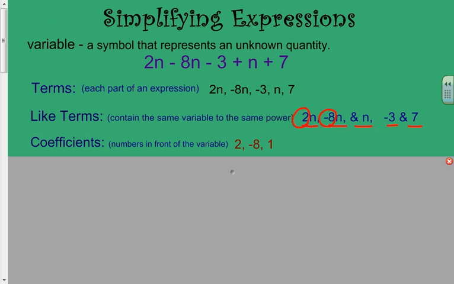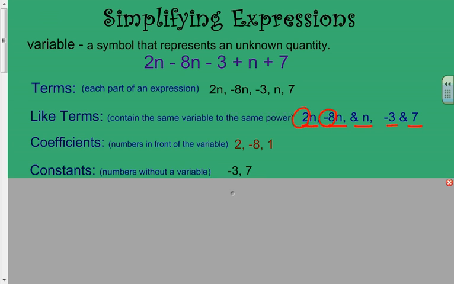We don't write it, but it's understood to be there. So that would be the coefficient in front of that variable. There's a 1. The next term is constants. That's what we call numbers that stand alone with no variable attached to them. So negative 3 and 7 are your constants in this expression.